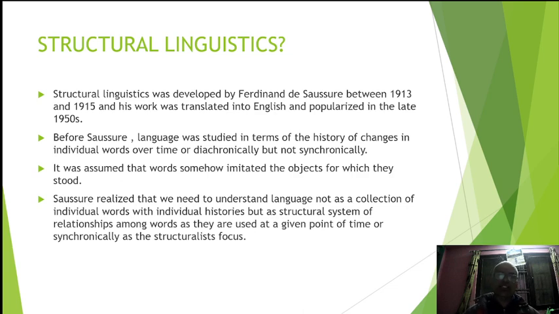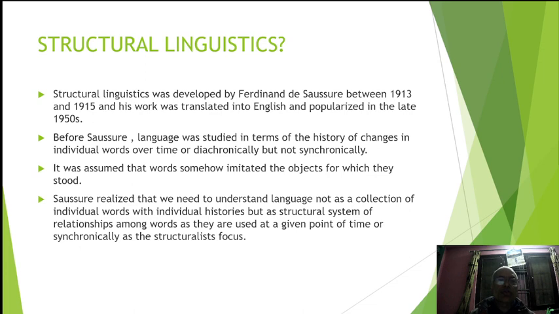Ferdinand de Saussure developed structural linguistics. He wrote about the structure of language. Structural linguistics was developed by Ferdinand de Saussure between 1913 and 1915, and his work was translated into English and popularized in the late 1950s, right?